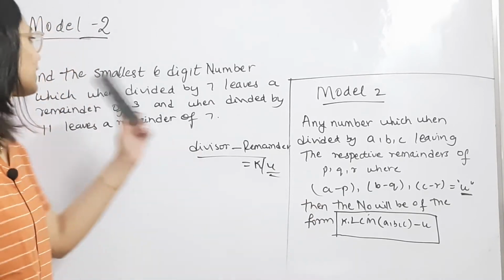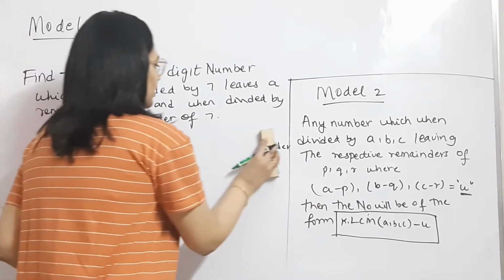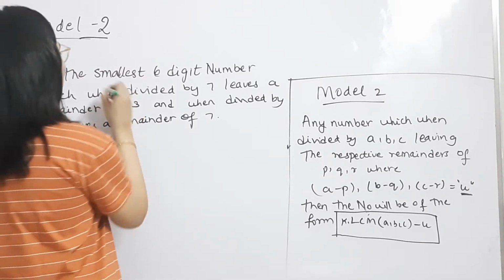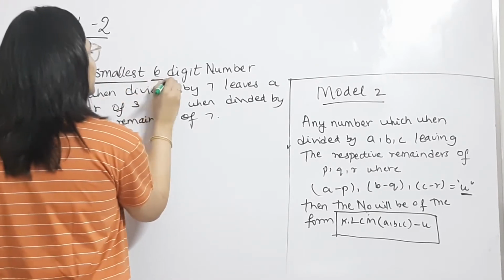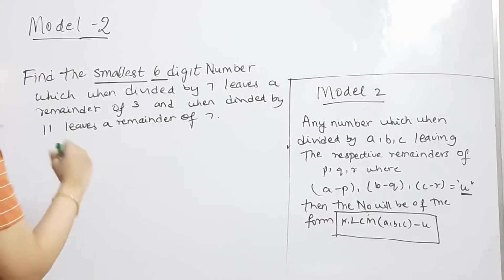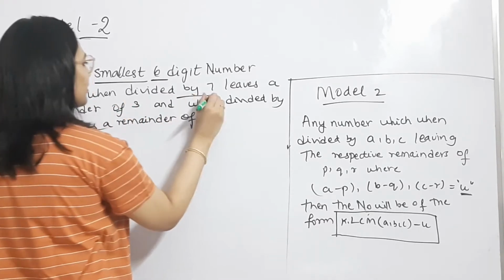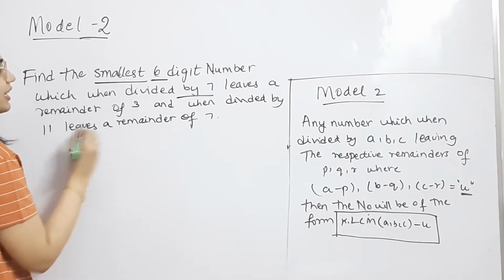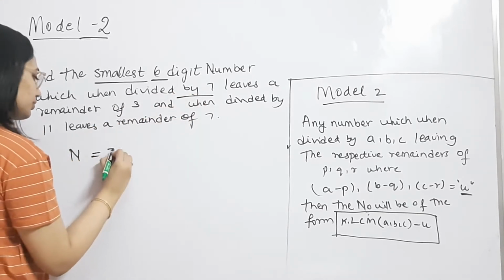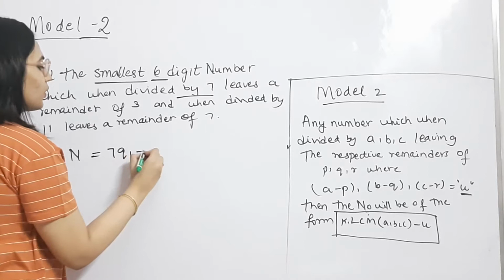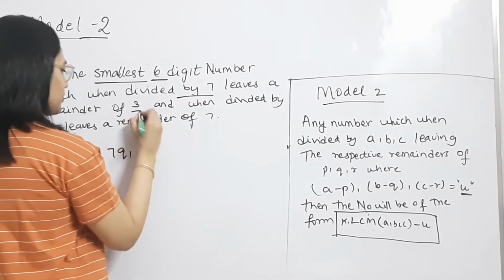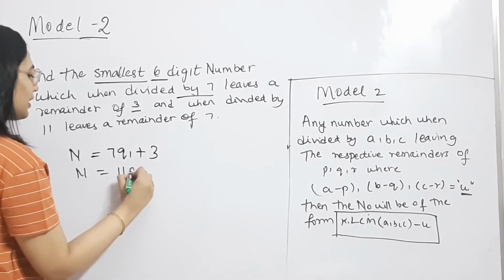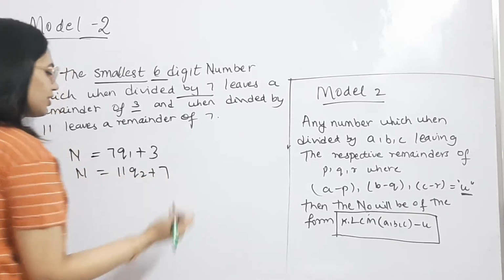Now let's see the practical application of that. This is a question I'm giving you. You need to find the smallest 6-digit number, suppose this is n, which when divided by 7, quotient q1, leaves a remainder of 3, and the same number when divided by 11, quotient q2, leaves a remainder of 7.